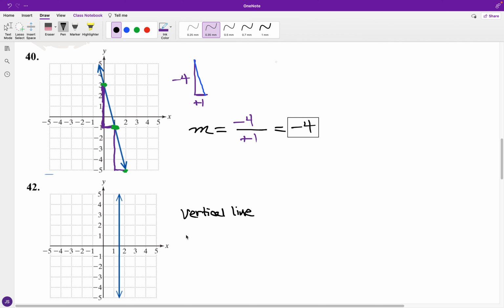And for a vertical line, there's no change in the x value. Because there's no change in the x value, in your formula, x2 minus x1 would be 0. And that would lead to the slope ending up as an undefined value. So for all vertical lines, there's no defined slope.